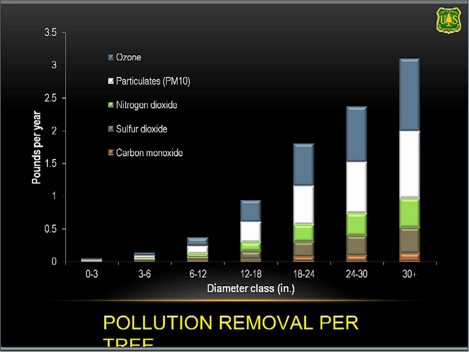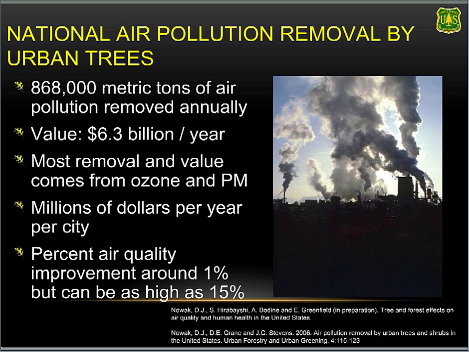But you can see if you have a tree less than 3 inches in diameter versus a tree that's greater than 30 inches in diameter, a large tree will remove about 60 to 70 times more pollution than a small tree. This is important when you're trying to swap out trees, that if you lose one large healthy tree out there, you're losing basically the services of 60 to 70 small trees. That it would take that many to be comparable for the same amount of pollution removed.